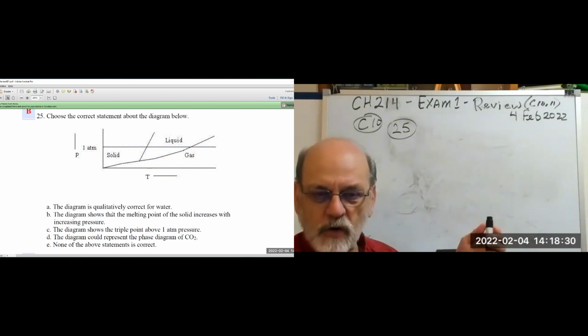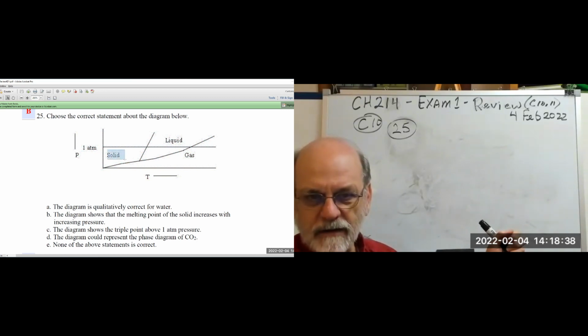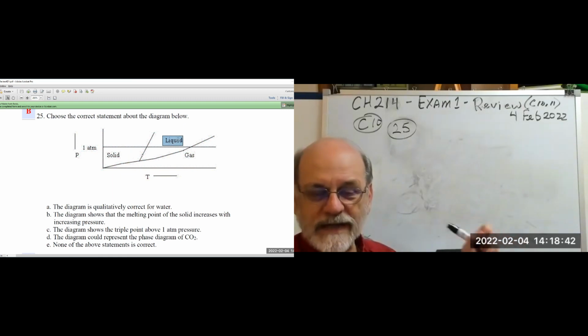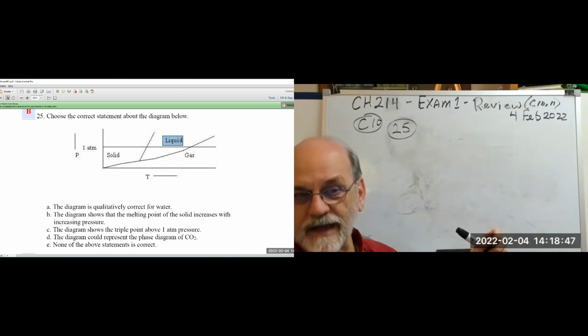The diagram shows that the melting point of the solid increases with increasing pressure. So where's the melting point? Solid, liquid. Right. So as we increase the pressure, what happens to the melting point? Yes, it does increase. This is a positive slope. Increase the pressure, you increase the temperature. So B is true.